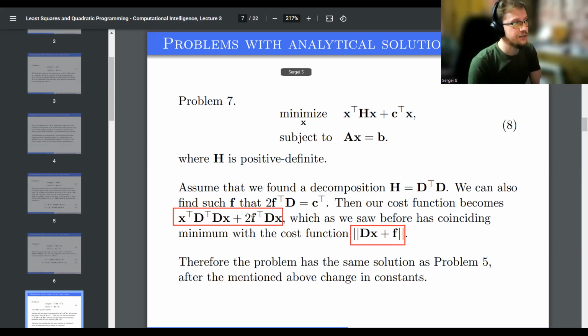The value of the minimum of this function would be higher than the value of this one because it doesn't have F squared. But the X at which they attain their minimum are exactly the same.